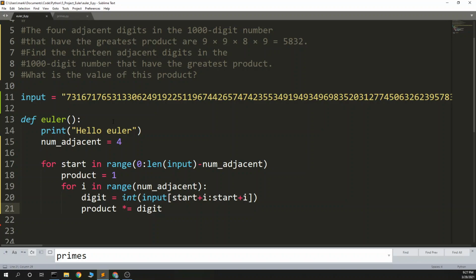So I believe this will, let's just go up to the first 10 digits. We'll pretend it's length 10: 1, 2, 3, 4, 5, 6, 7, 8, 9, 10.